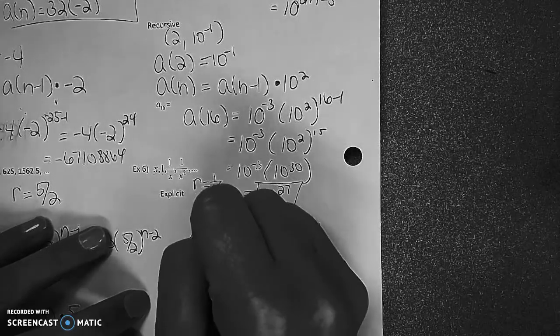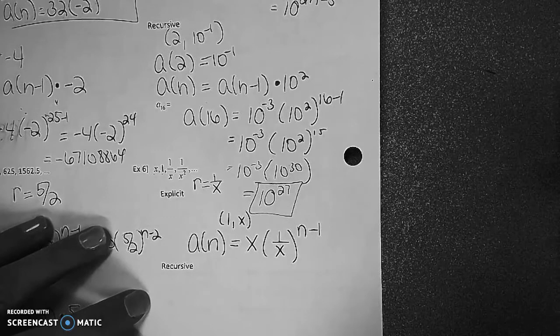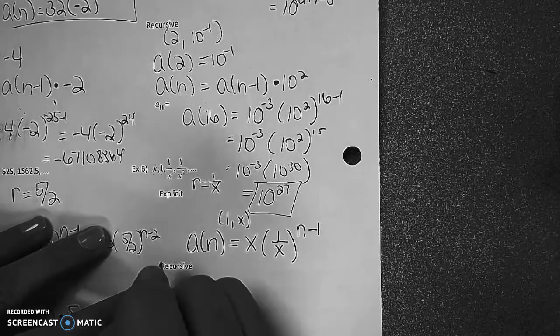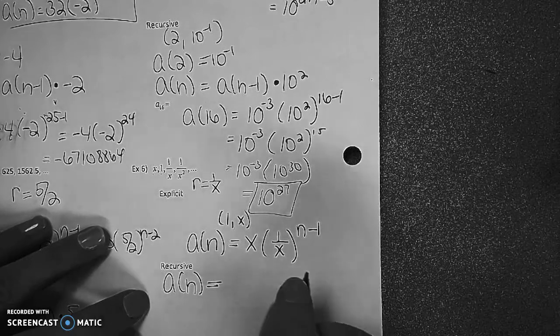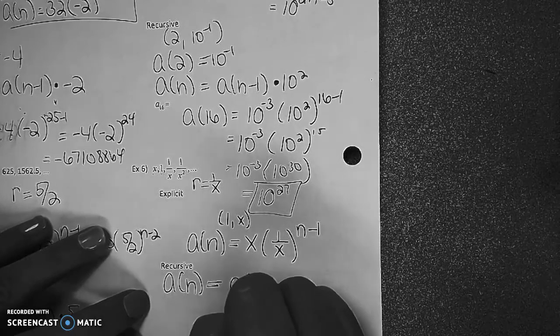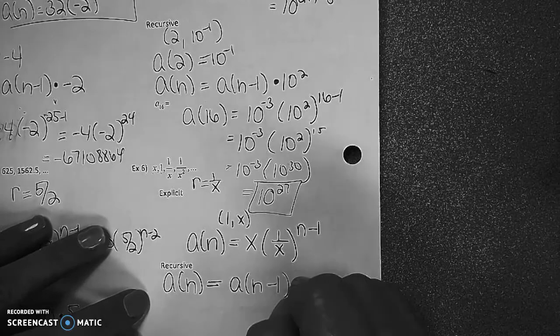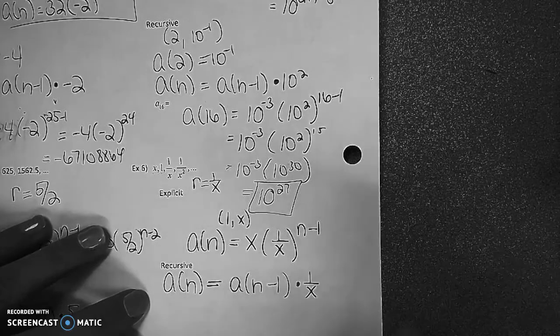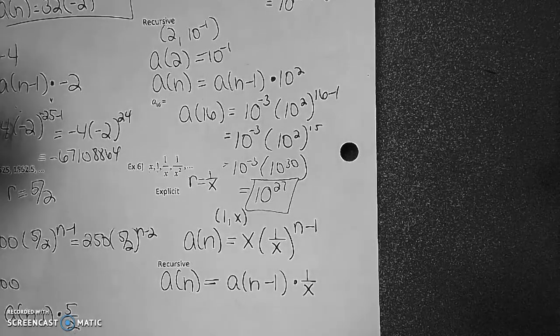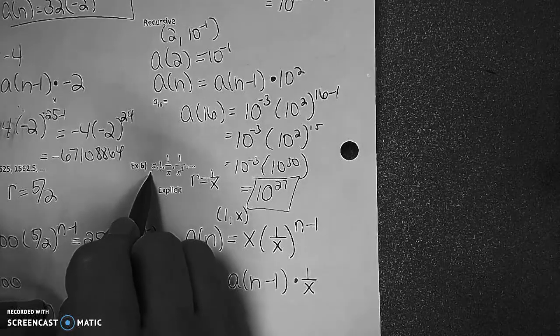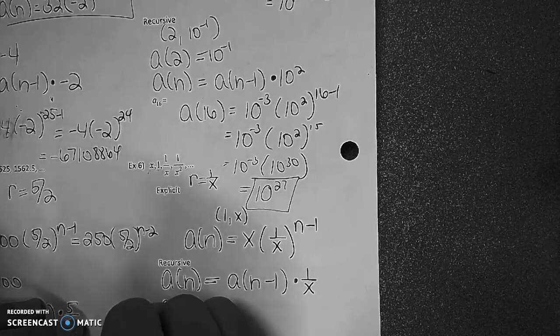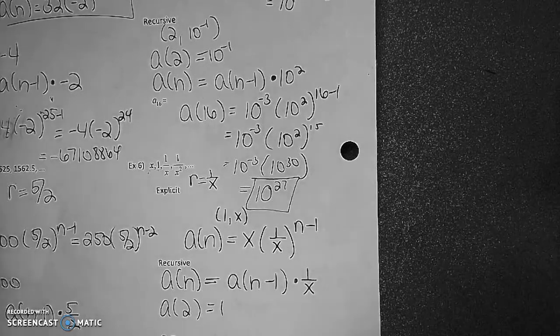And again, that's using the fact that term 1 is X. The recursive formula, I know to find a term, I need to take the previous term and multiply it by 1 over x, but I have to have a place to start. I have to know what I'm going to multiply 1 over x by, and again, it doesn't have to be term 1. I could give the fact that term 2 has a value of 1.